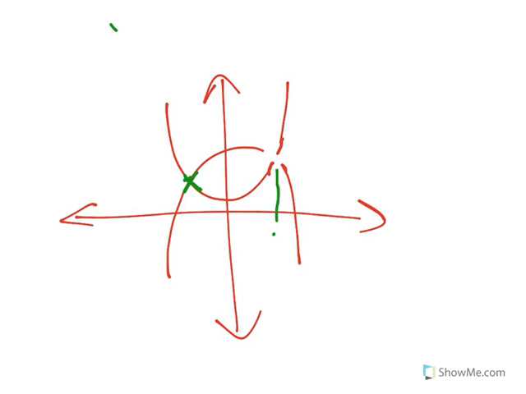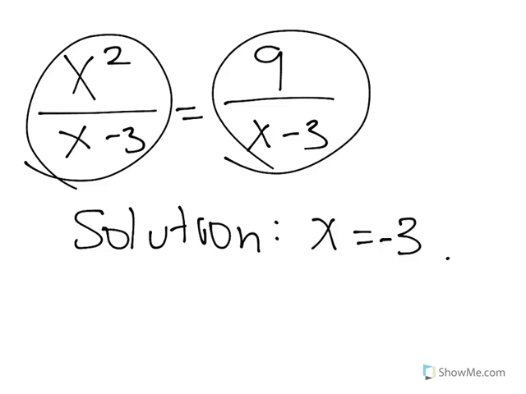This means that there is only a hole in both cases, and this doesn't count as an intersection. So that is something to keep in mind. Just make sure that you solve the equation, not just look at the intersection in the graph, because that might be a little bit misleading.